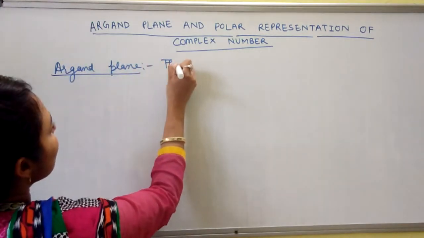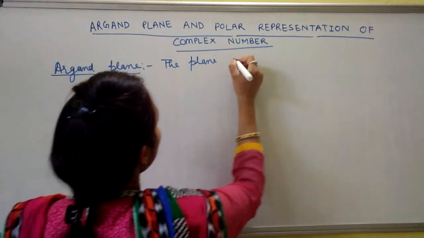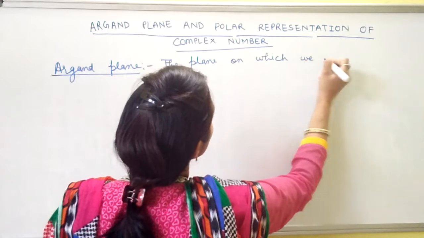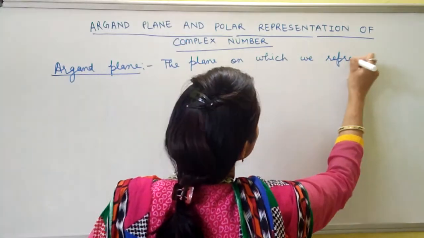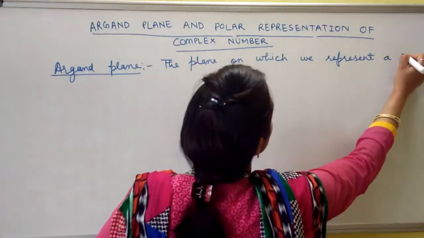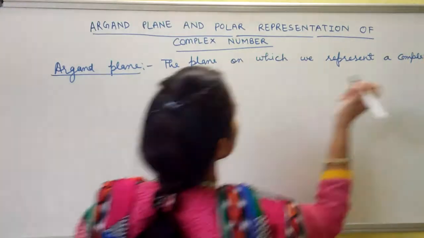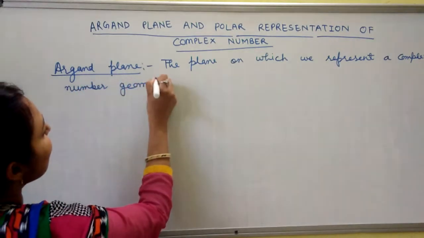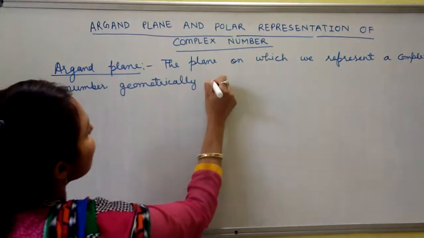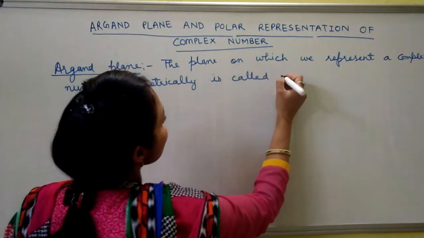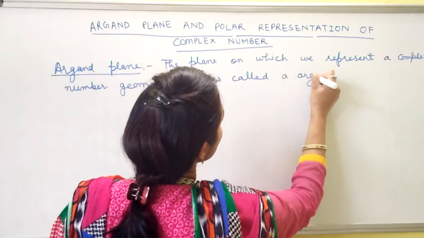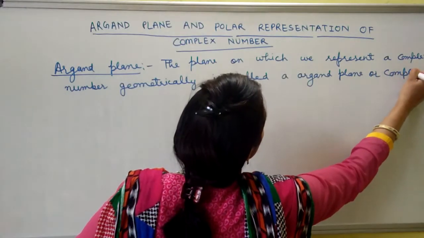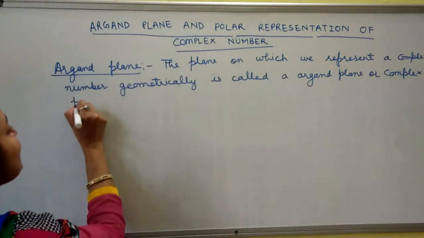The plane on which we represent a complex number geometrically is called Argand plane or complex plane, that is known as Argand plane or complex plane.